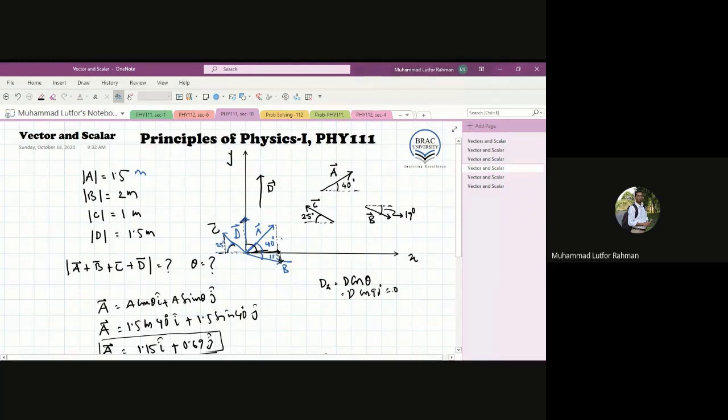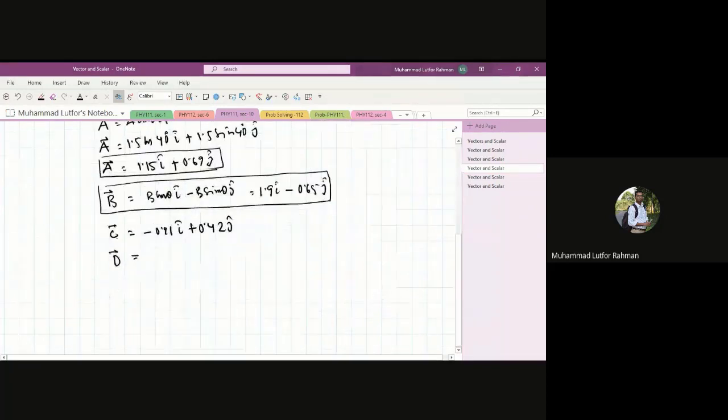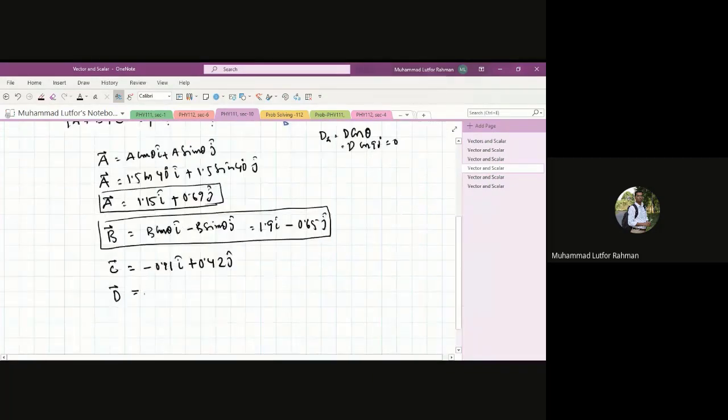So that's why D has no x component. It is totally towards the positive y direction. Then I can write down that D's magnitude is 1.5. So this is my vector.